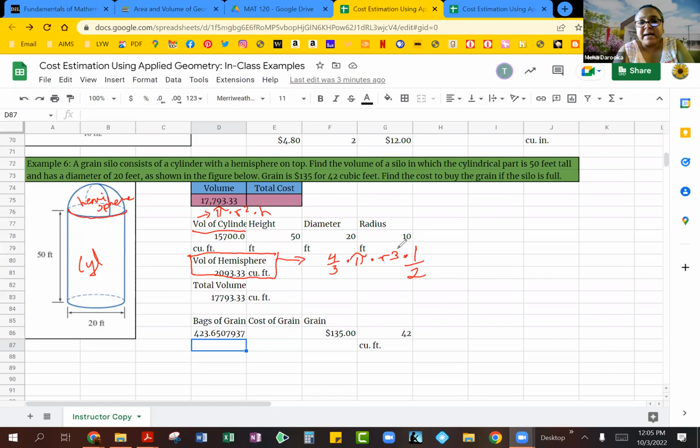No, there should be another 10 in there because it's radius to the third power. And then divide by 2, yeah. So there should be one more multiplying by 10 in that answer you just gave me, and then divide by 2, and you should get the 2093.33333 repeating. So let me know once you do that, do you get the 2093 repeating 3s at the end?